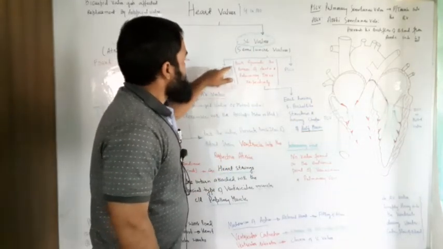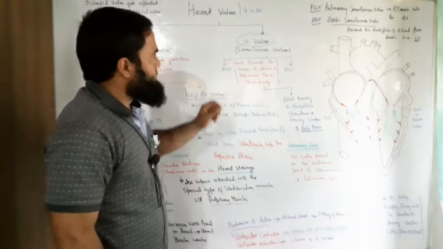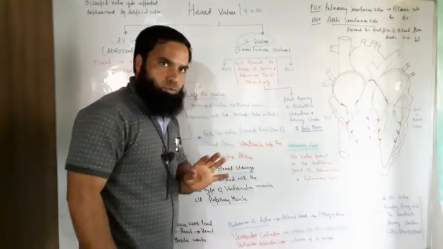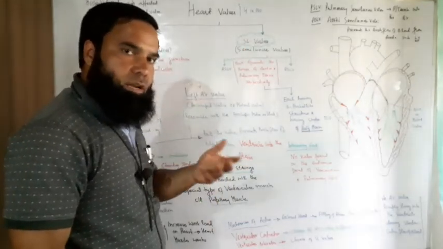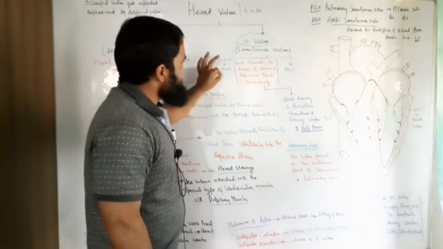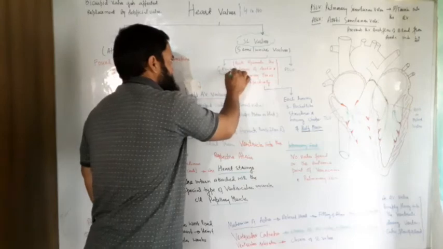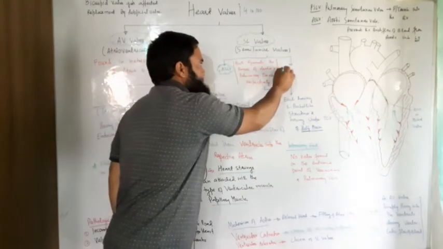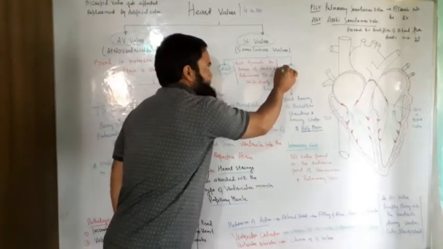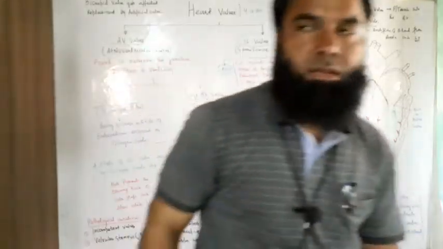This SL valve, the semilunar valve, is of 2 types on the basis of where they are present. They are in the form of ASLV and PSLV. What is ASLV?